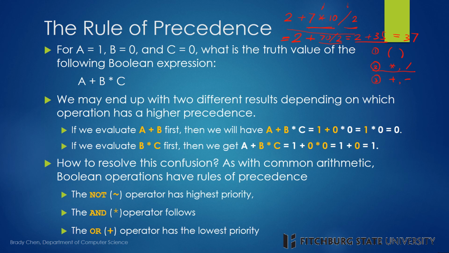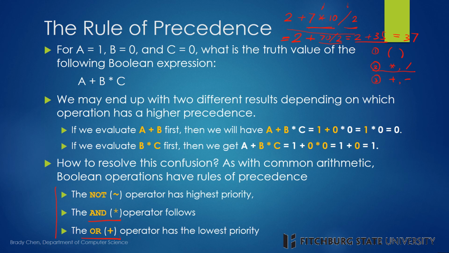Same thing with Boolean expressions. We have to define the rule of precedence. In Boolean algebra, the rule of precedence is like this. The NOT operator has the highest priority, followed by the AND operator, and then the OR operator.